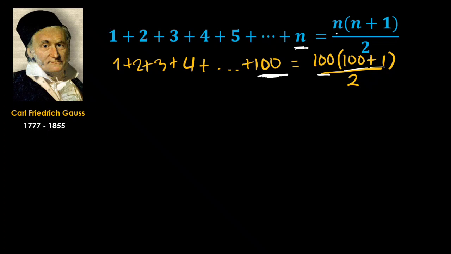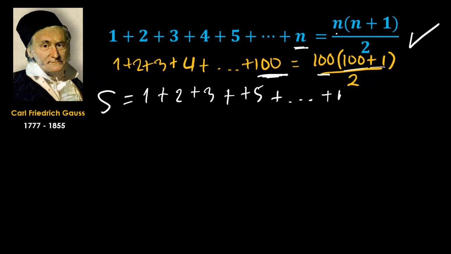Now let's solve this general formula. The idea is still the same. We let it equal to S, adding this series. Okay, before n, you have n minus 1, or maybe n minus 2 first, plus n minus 1 plus n. Of course, before n minus 2, you have n minus 3, and so on and so forth. And then we add the same series below, but we reverse the terms.